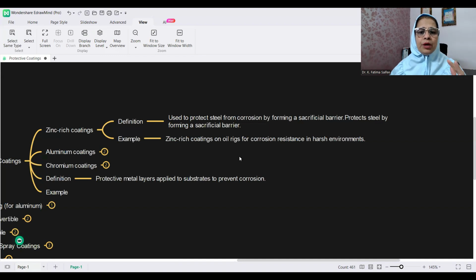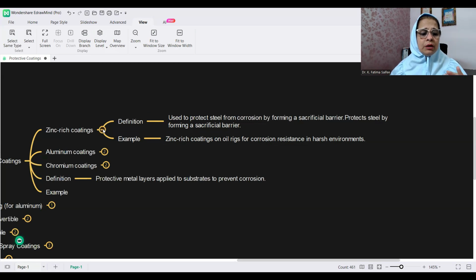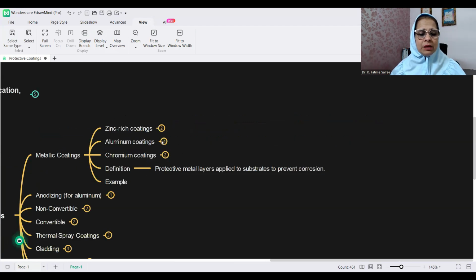Then it will go into long-term memory and you will be able to remember it easily and not forget it very soon. Example, zinc-rich coating on oil rigs for corrosion resistance in harsh environments. If you find the same type of sentences and explanation at different levels, it is very easy to memorize all the terms with clarity.